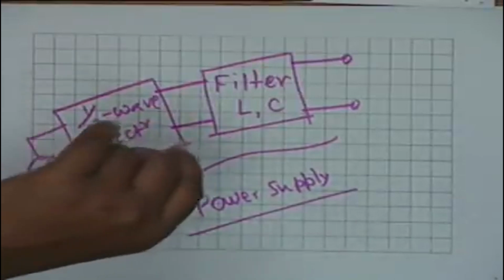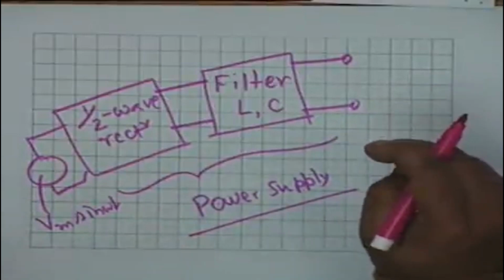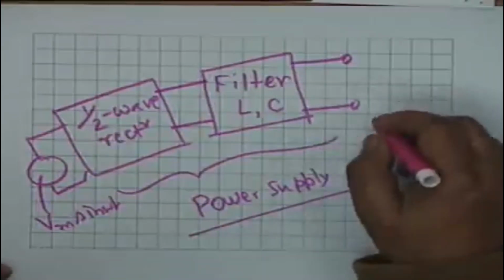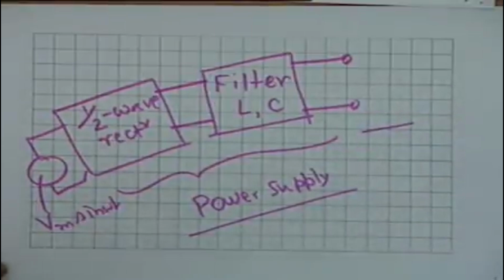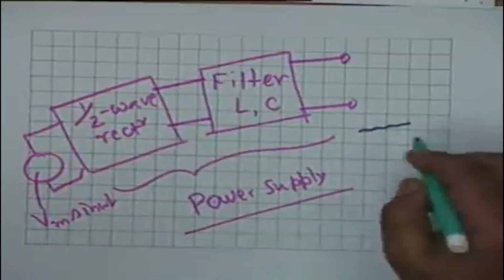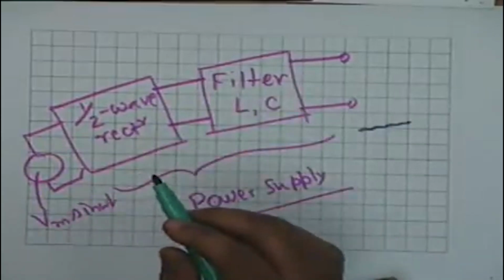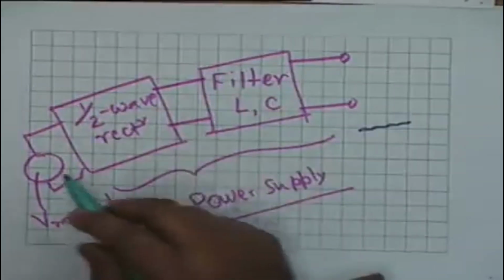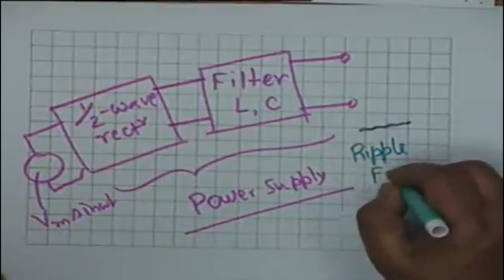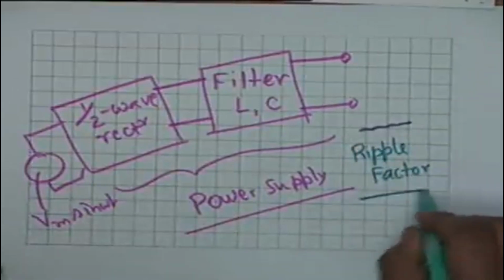The output of this hopefully would be a pure DC, but pure DC from such a combination is also an approximation. You shall always get a DC along with maybe a very small ripple. It could be, let us say, 0.01% ripple, all right. So, the efficiency of such a device is characterized or specified in terms of what is known as a ripple factor, which relates the amplitude of the ripple to that of the DC.